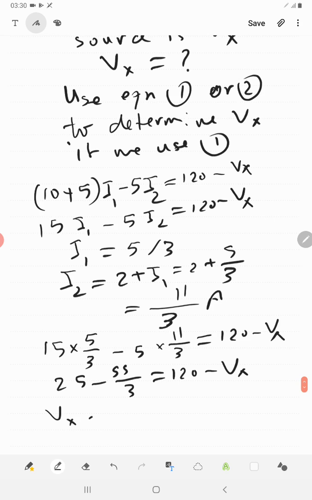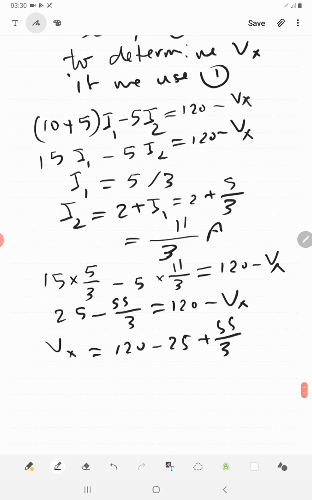So Vx is equal 120 minus 25 plus 55 over 3. So this will be 75 plus 55 over 3, and you can calculate it.